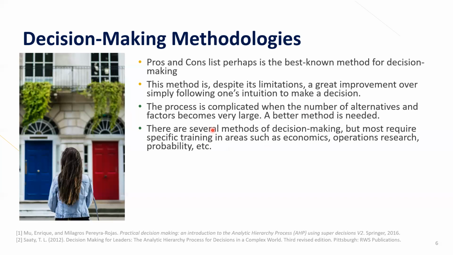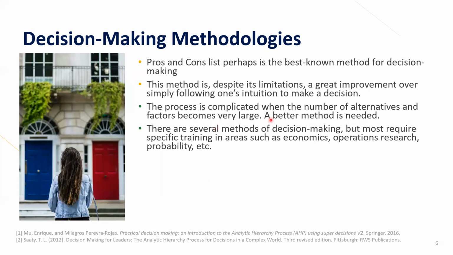And whenever your decision is getting more complicated, with more alternatives and factors to consider, the cognitive bias on your decision gets larger and larger, and it's getting more and more difficult to really decide on the best solution.